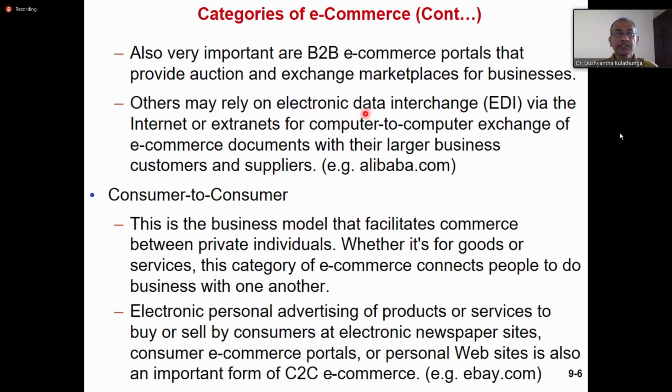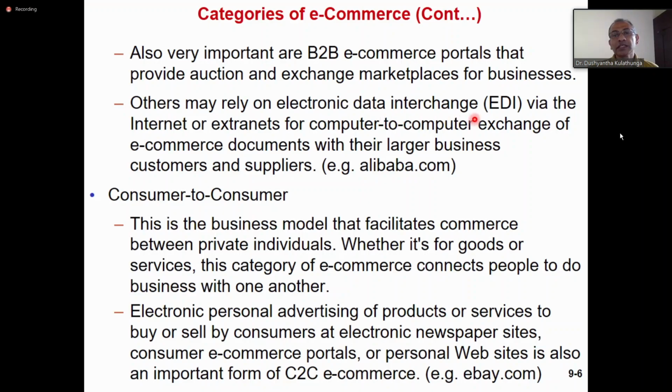So electronic data interchange is a mechanism connecting two organizations, enabling them to share information, usually in standard form. The term standard form is important. Why?